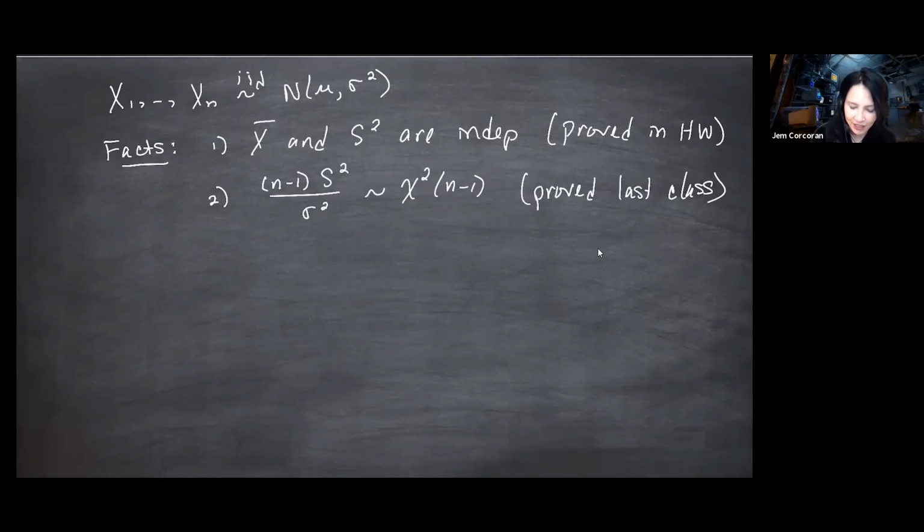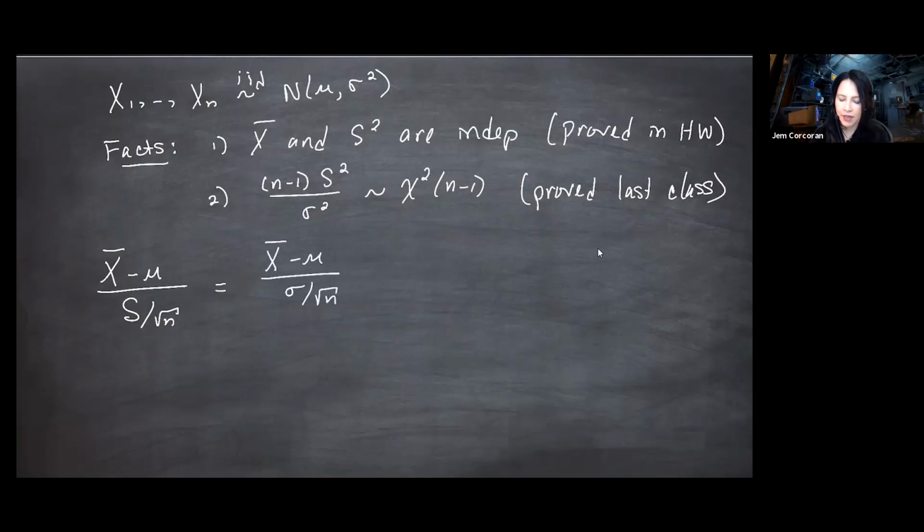All right, check this out. Thing I care about is x bar minus mu over s over the square root of n. That's a capital S, it's a random quantity. I could write this as x bar minus mu over sigma over the square root of n if I multiply by sigma over s, right?